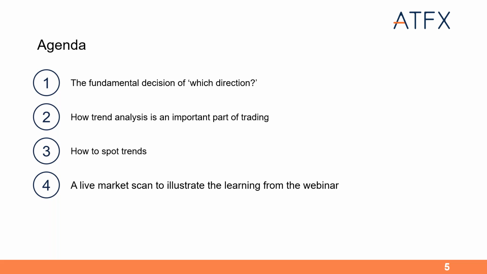We're more likely to pick winning trades if we're trading with the overall market flow at any one time. So trend analysis is extremely important for that because it helps us to work out what the market direction is and therefore which direction to trade in. So let's have a look now at how to spot trends.